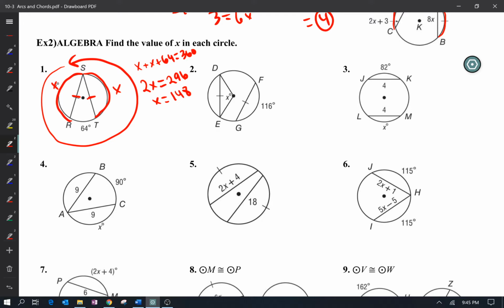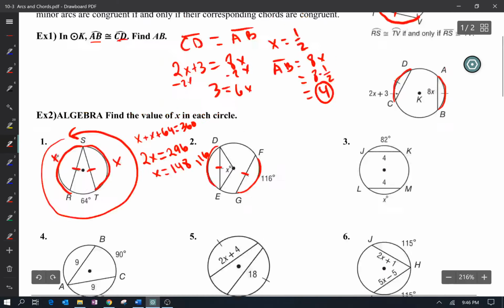All right, next problem. Thus, these chords are equal, so that means that these arcs are equal. So this arc over here must be 116 degrees. Now, don't forget what we learned in the previous lesson. If the arc and the central angle are equal, so let's back up for a minute.